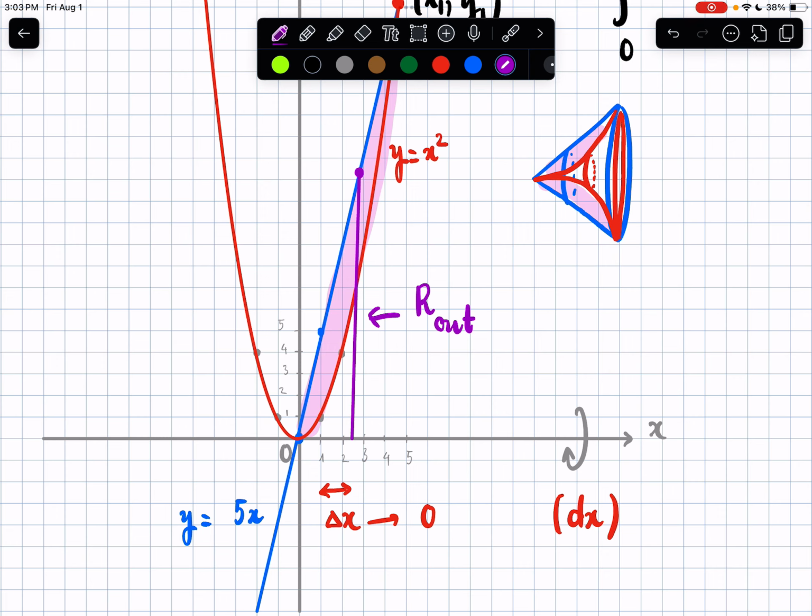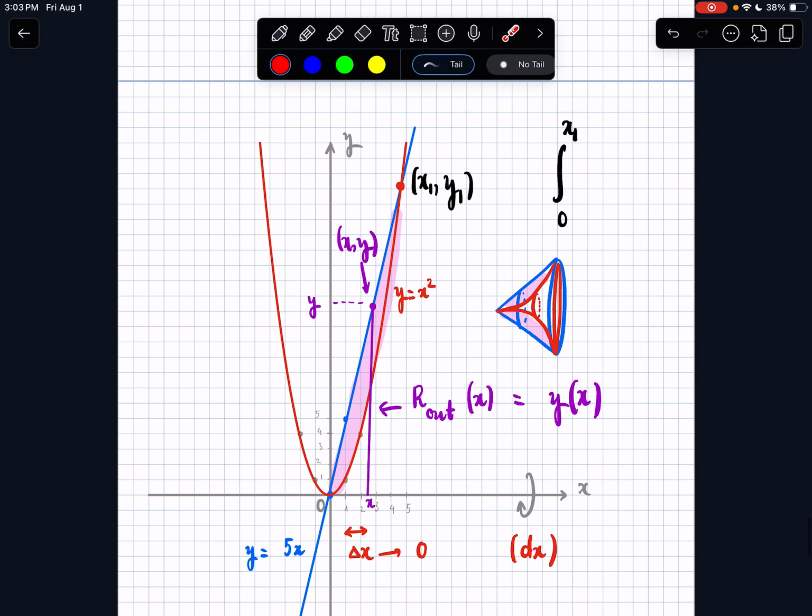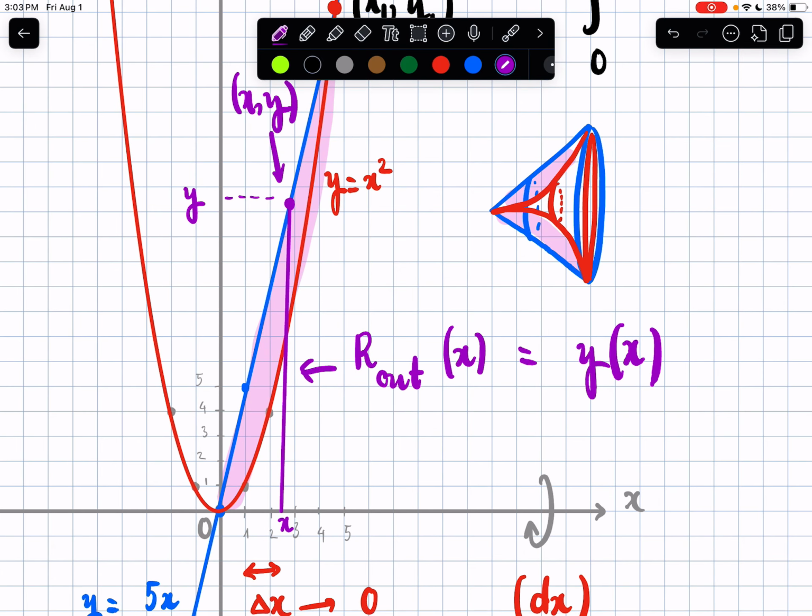This is x, this is y, so this coordinate is (x, y). For each value of x, the outer radius is the value y in terms of x. In our case, y equals 5 times x. So R outer is 5 times x for each value of x.